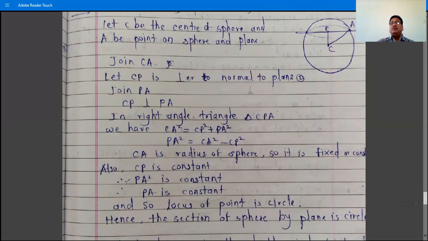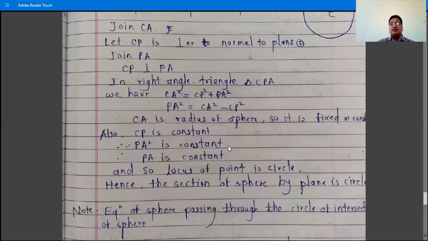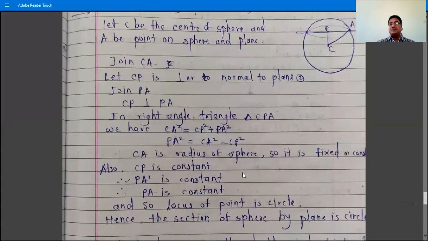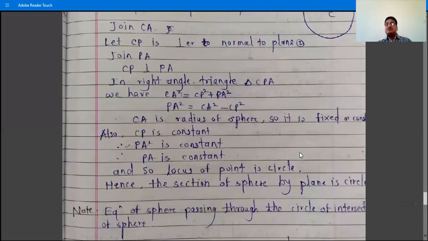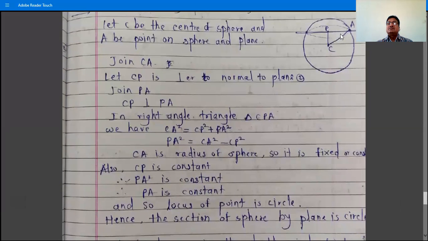Therefore PA square is equal to CA square minus CP square, and this CA is the radius of the sphere, so it is fixed or constant. And CP is the distance of the center C from the plane. It is fixed because the plane is placed at this place.